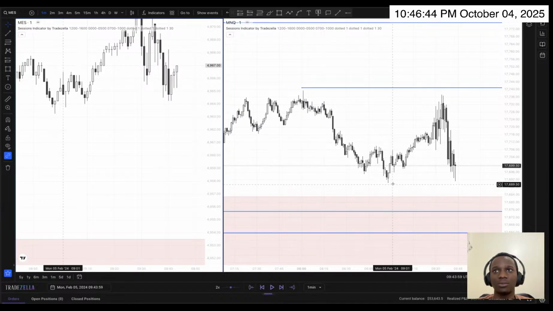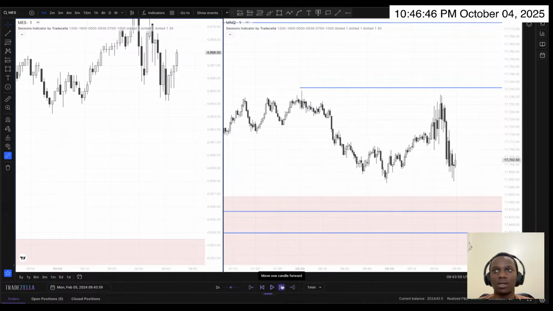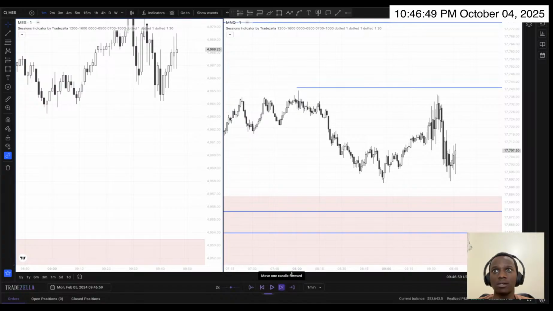I would like to see this low get run, which we fall short of.